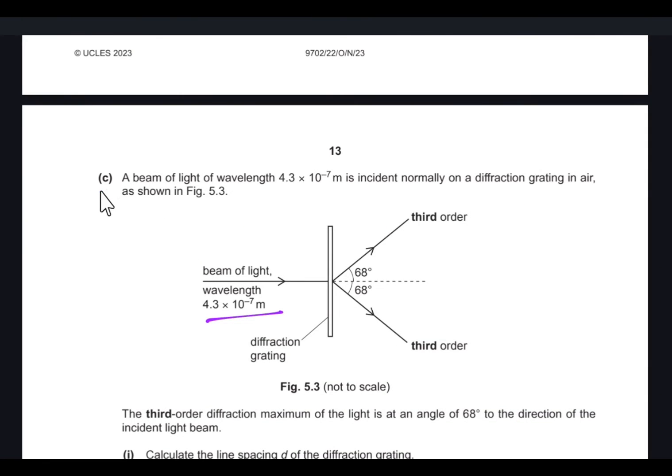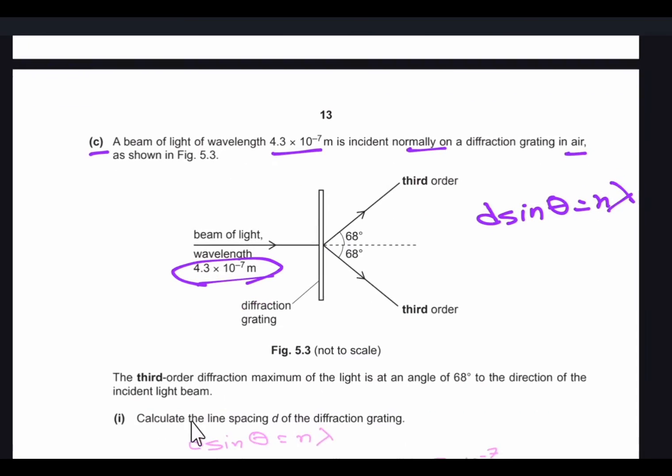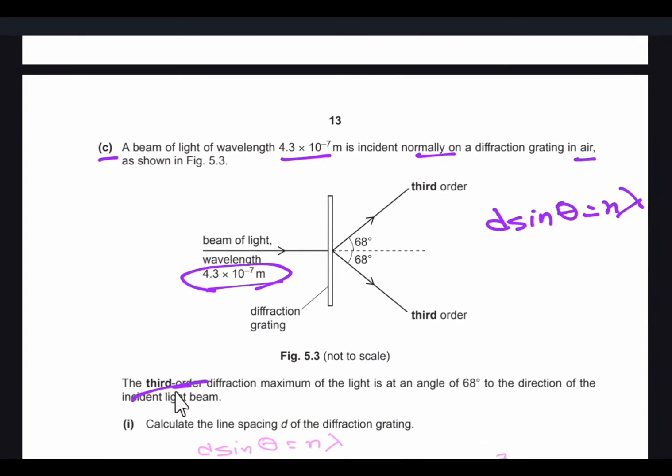So then, in part C, a beam of light of wavelength 4.3 into 10 to the power negative 7 meter is incident normally on a diffraction grating in air. We know the formula for diffraction grating is d sine theta is equal to n lambda. A third order diffraction maximum is incident at an angle of 68 degree to the incident beam of light.